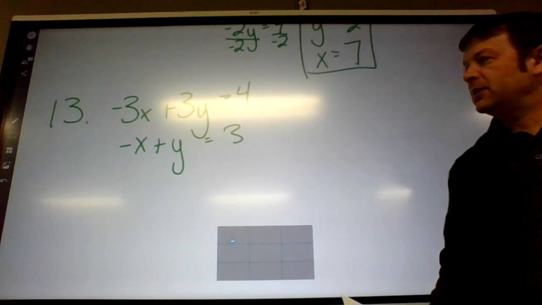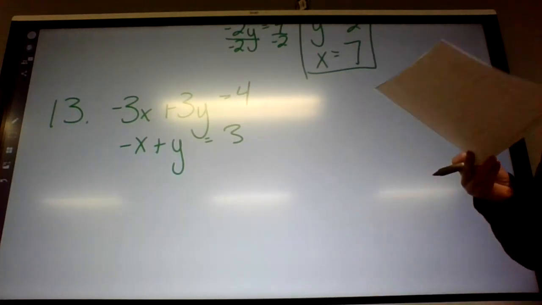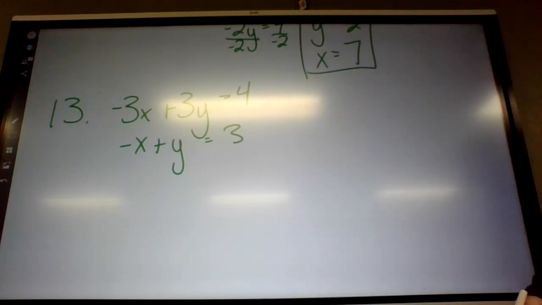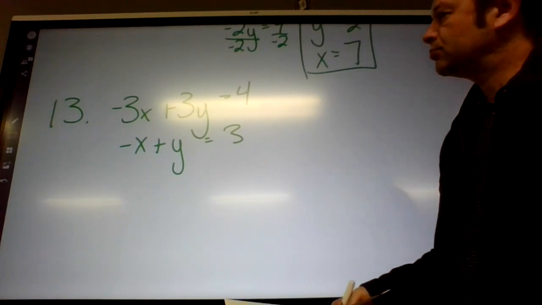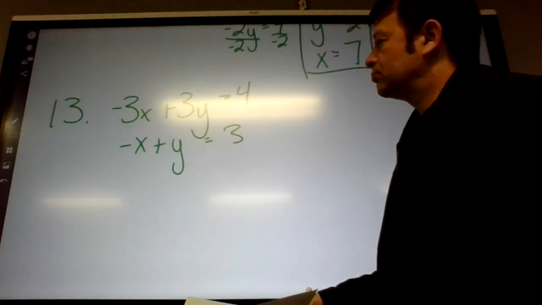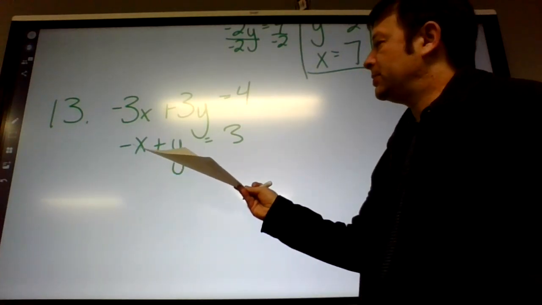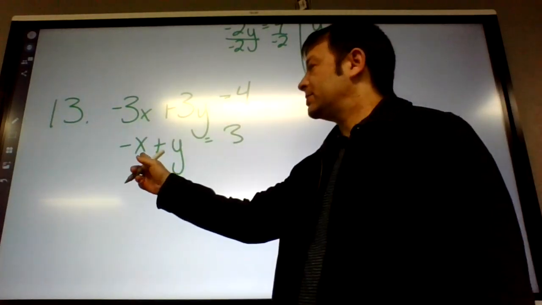All right, got a couple options here. Anybody want to, no, you already did one. Anybody want to say what might be a good first step? Okay, Devin? Would you do y equals -x plus 3? Close. For it to say just y equals, I have to get rid of this.